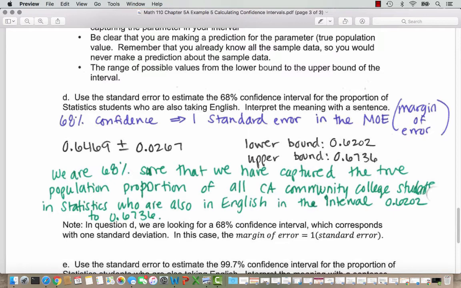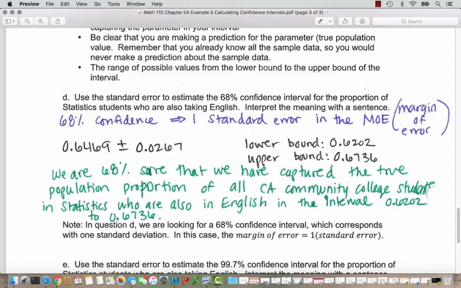So now we need to interpret it, making sure we get these 3 key elements from above in our interpretation. So here I've said, and I'm sorry, it's a little hard to read my handwriting, we are 68% sure, that says sure, you could also say we are 68% certain, that we have captured the true population proportion of all California community college students in statistics who are also in English in the interval 0.6202 to 0.6736.